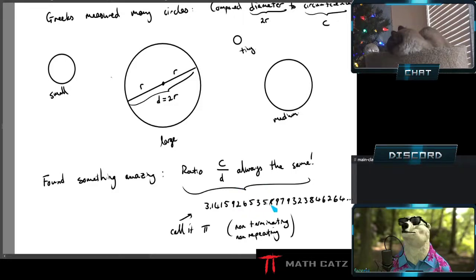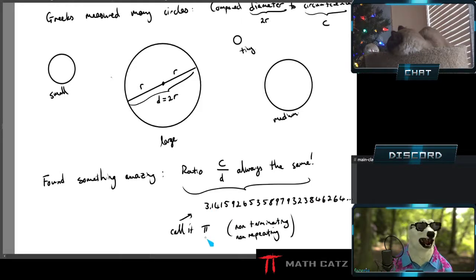Now, they might not have been able to calculate this many digits, but now we can calculate as many digits as we want almost. And this ratio is a weird decimal number, 3.14159, and it never ends. I just wrote this from memory, so I apologize if a digit is wrong.